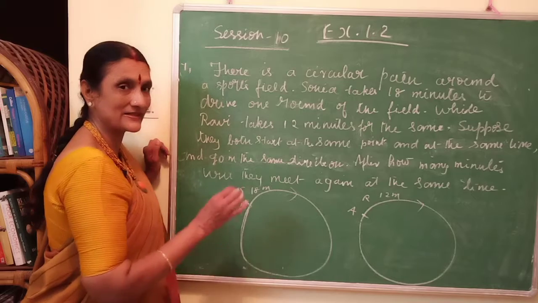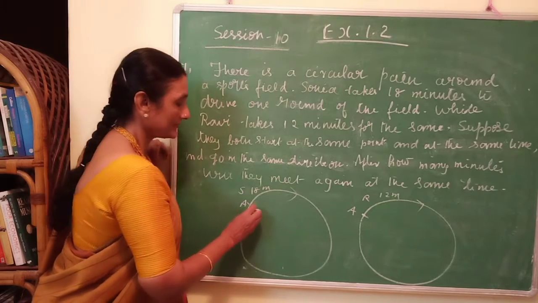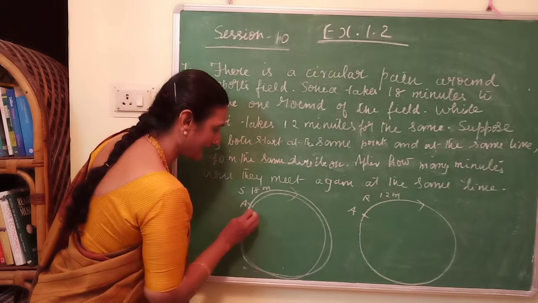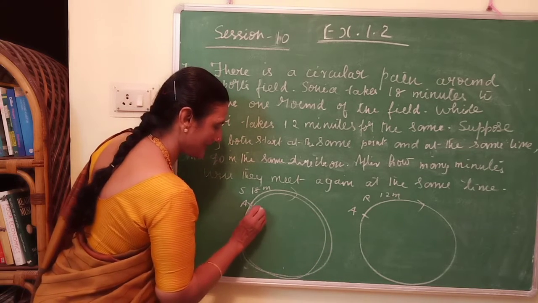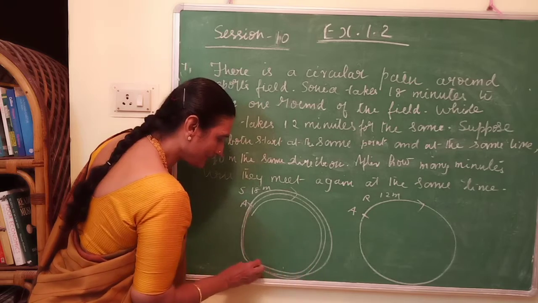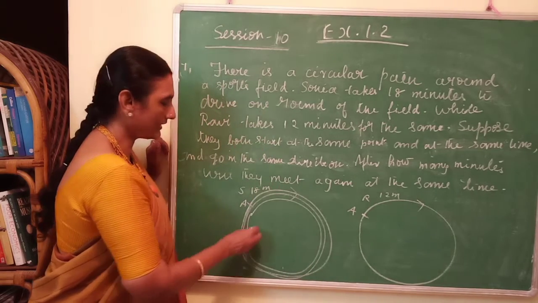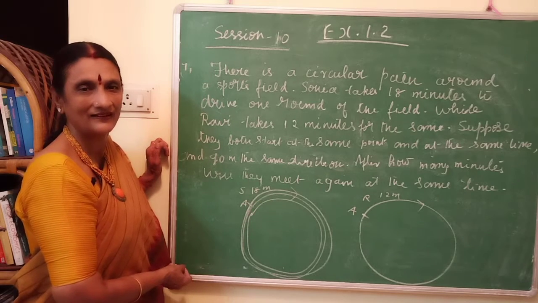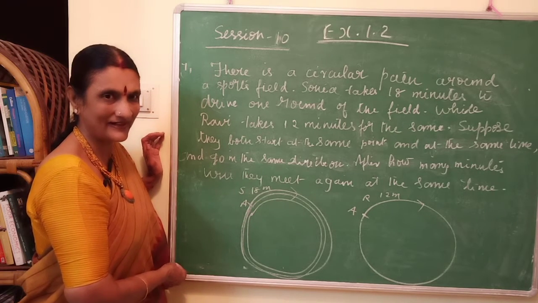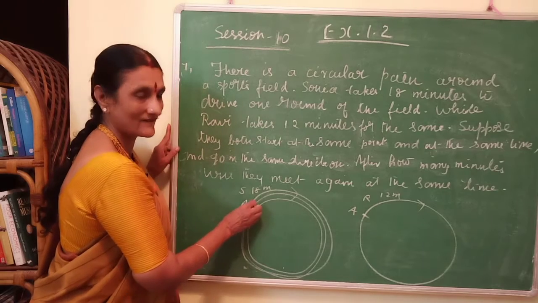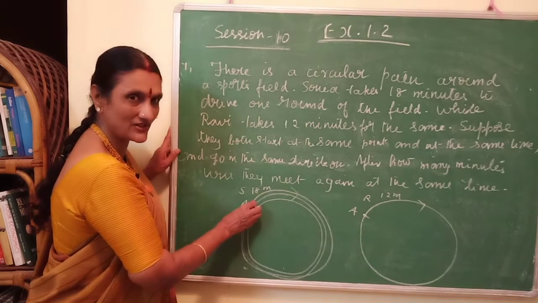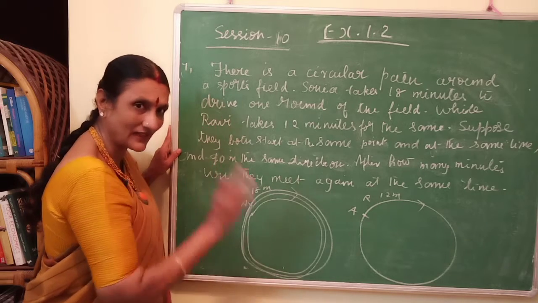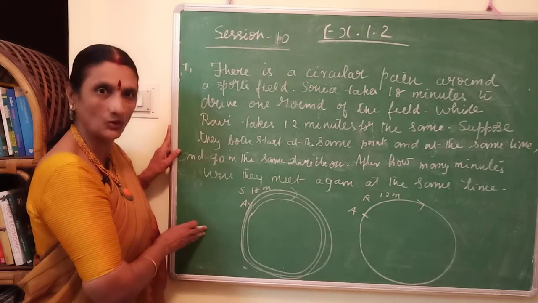This is her first attempt, and this is her second attempt, again 18 minutes. By the 54th minute she would have completed 3 rounds. When she finishes the second round, 18 plus 18, 36 minutes would have been over.